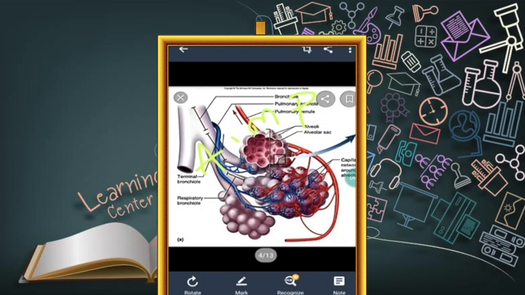They also release phospholipids and some proteins inside the lungs, and clean any dead cells or bacteria, maintaining the whole cleaning process.